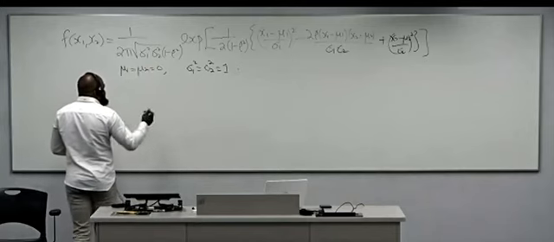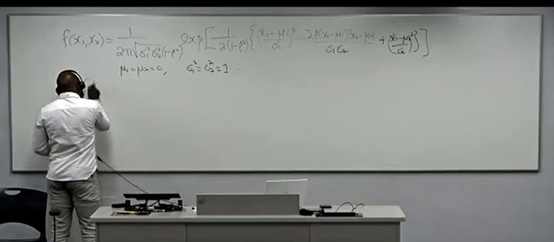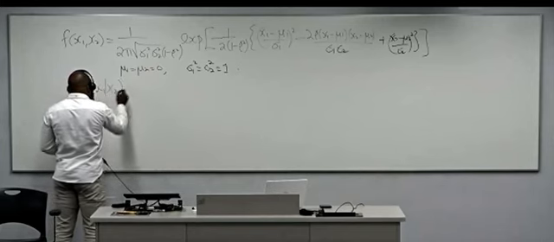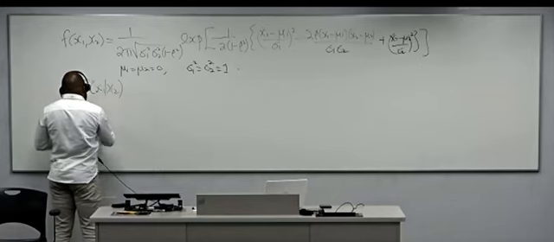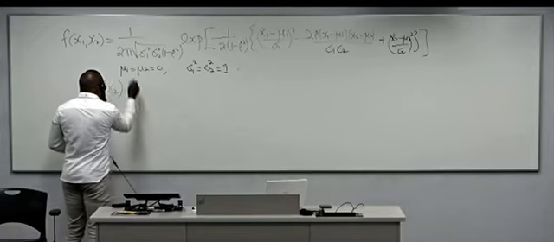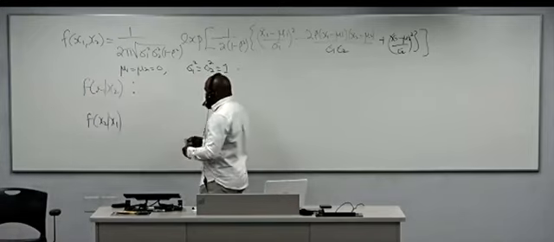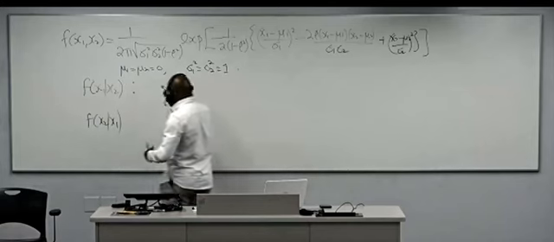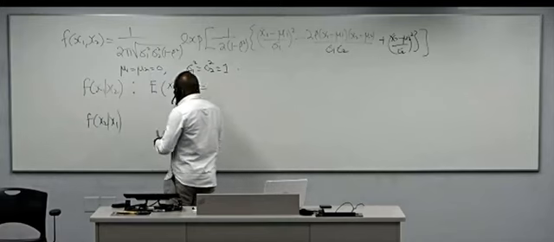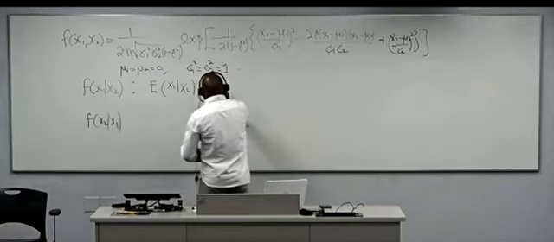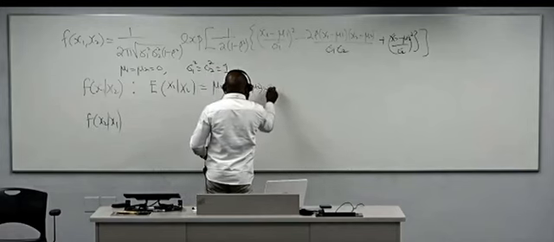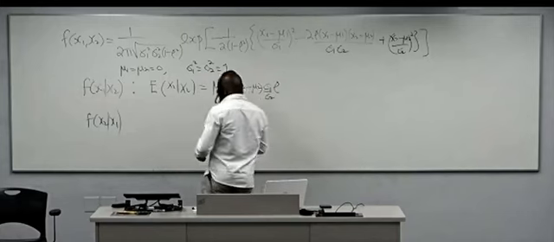Now, another thing is we derive the f of x1 given x2. We also derive f of x2 given x1. But from the f of x1 given x2, we need two things that you need to remember. Expected value of x1 given x2, I'm actually going to have this rho, okay?